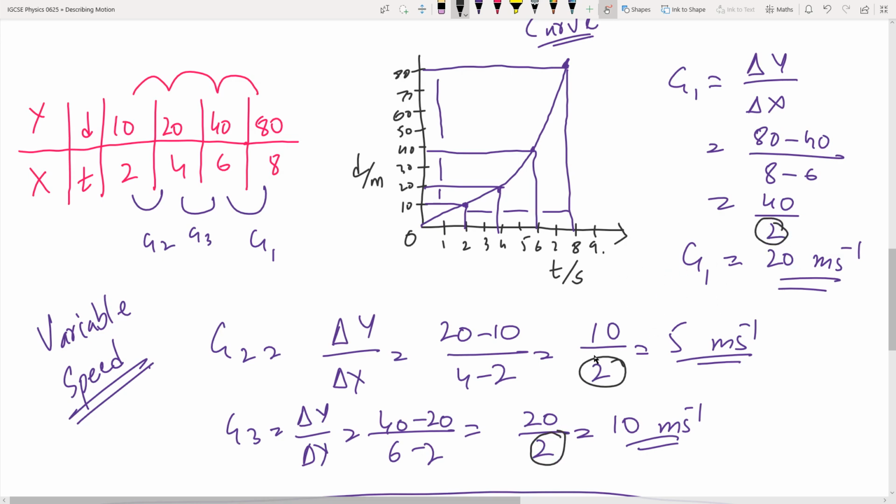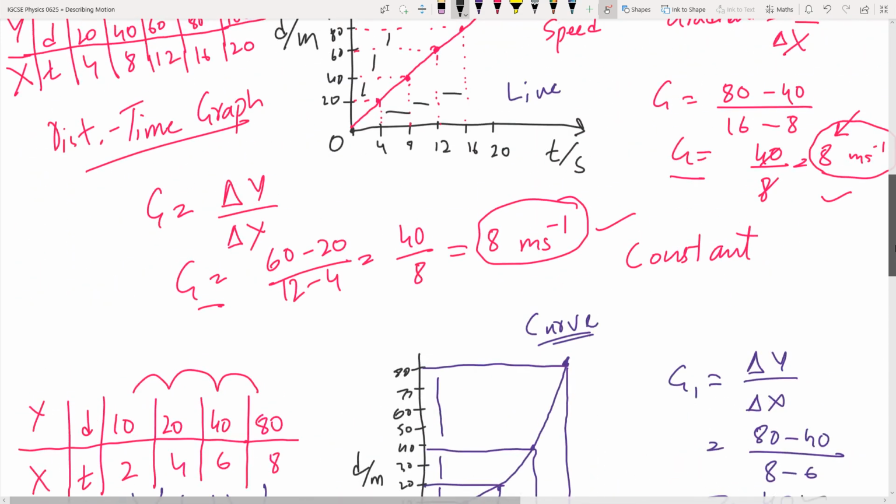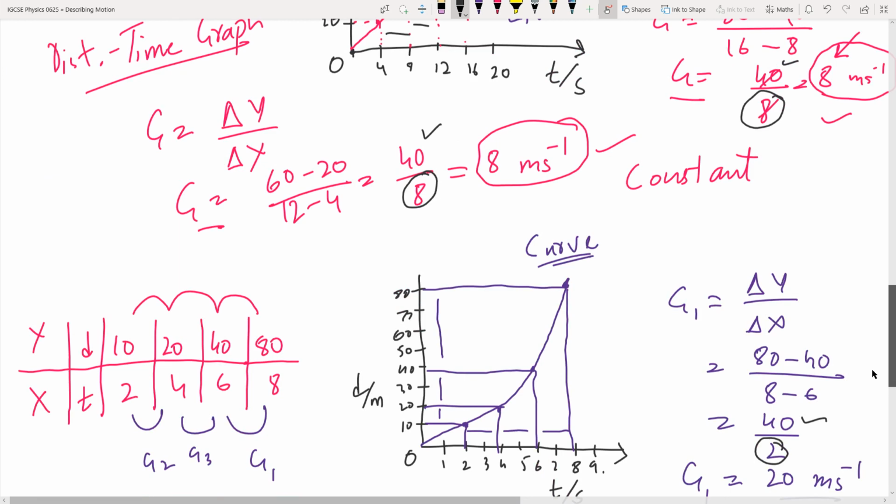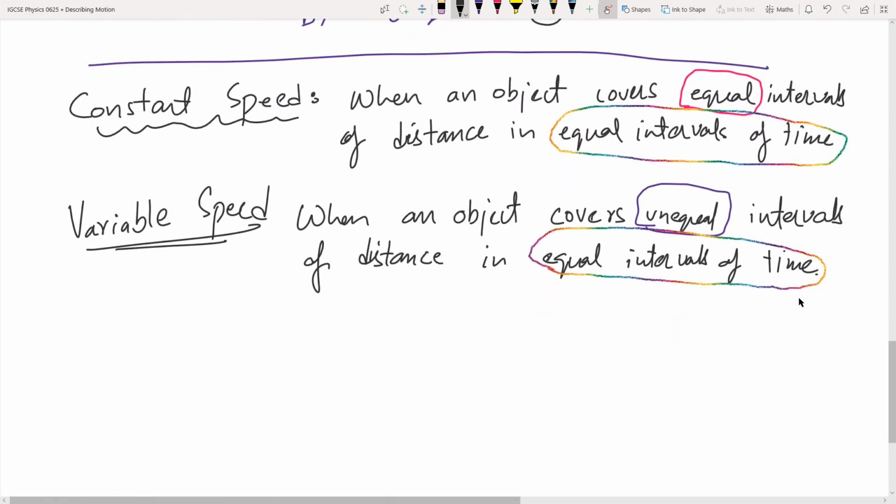The difference of time was same, while the difference of speeds was actually different for each of these gradients. While in case of this, the time interval was also same, that was 8 for both, but the intervals of distance were also same. So that is why we called it constant speed, and this variable speed.